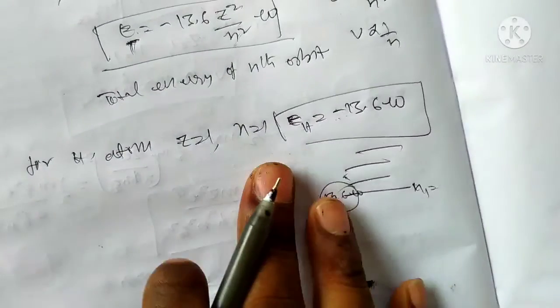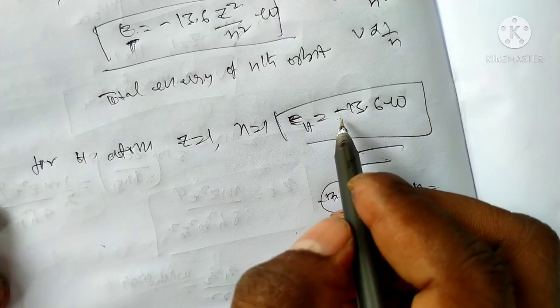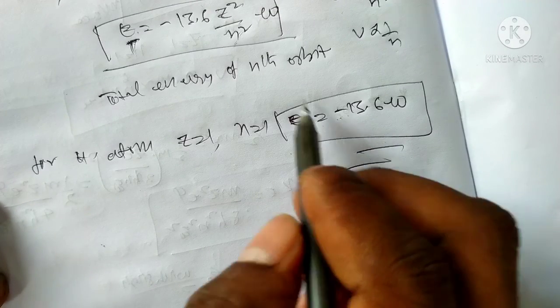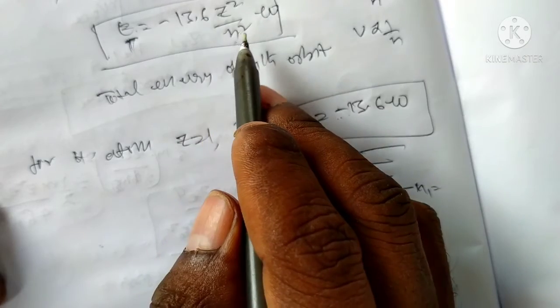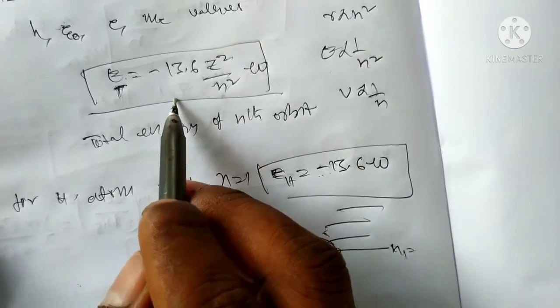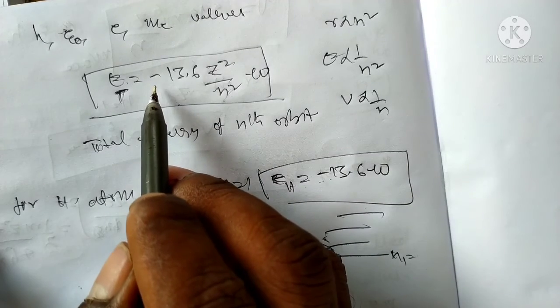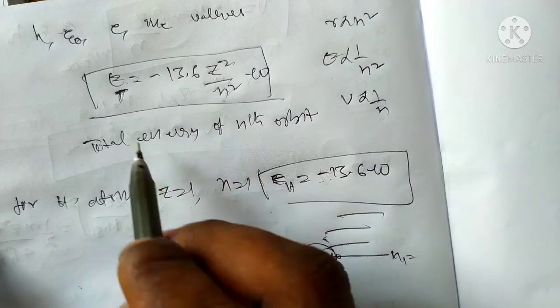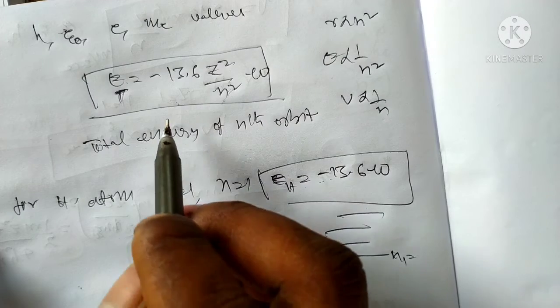Here the negative sign is the sign of the energy of the electron. The indication is that the electron is bound to the nucleus. The negative sign in the energy indicates that the electron is bound to the nucleus.